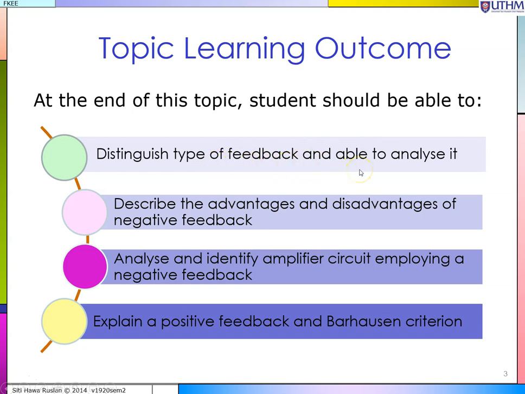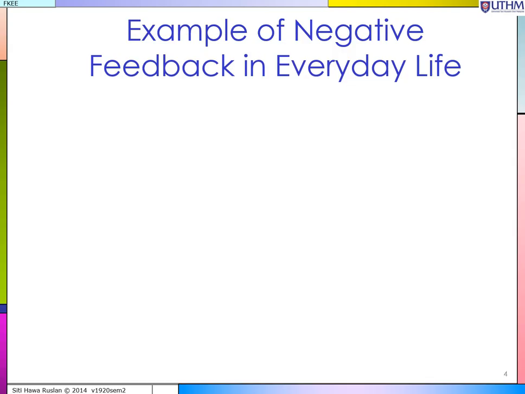Then describe the advantages and the disadvantages of having negative feedback, and then analyze any given circuit, whether it is a voltage amplifier, and identify what feedback connection is used with that particular amplifier. And lastly it is about positive feedback and the Barkhausen criteria.